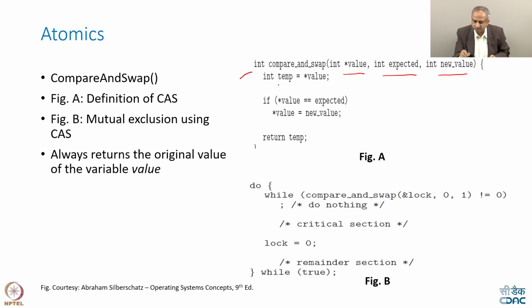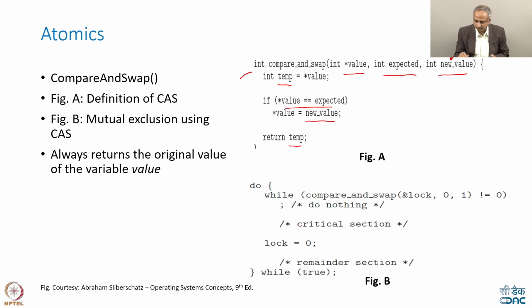You define a temporary variable which copies the value that has been passed to it by the calling function, and if the value is the same as the expected value, because the function is comparing, then we assign the new value that has been passed by the calling routine, and the value that was originally there, which we had copied in temp, is returned.